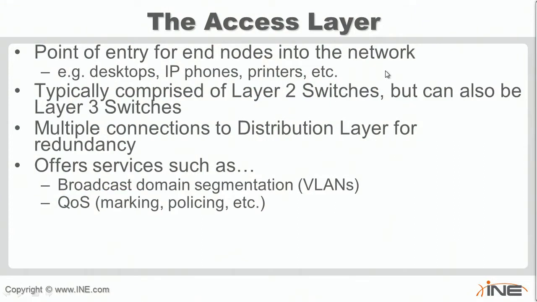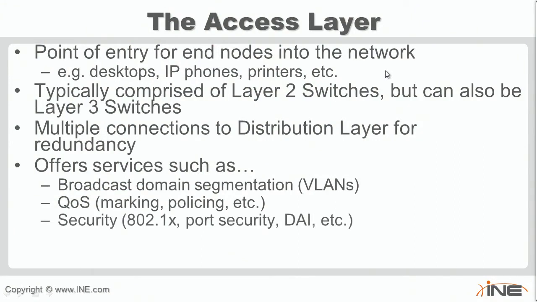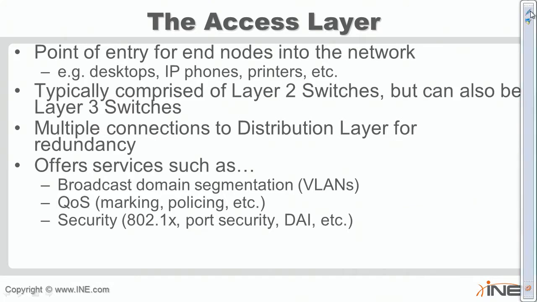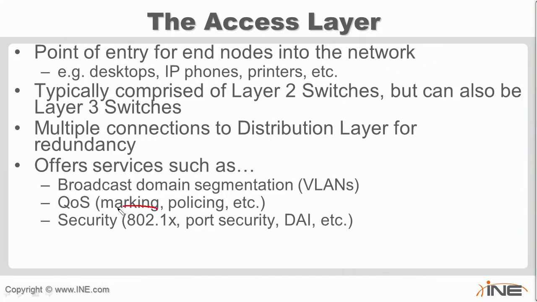Another key feature is going to be the security of the network. In a lot of networks nowadays, this is where we run a protocol that is known as 802.1x, which basically means that when I connect my wired PC or my wired whatever to the LAN, it's going to ask me for authentication information. It could be based on simply a username and password.